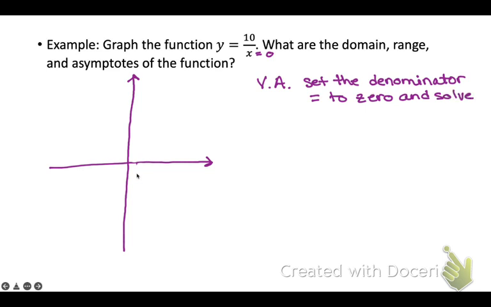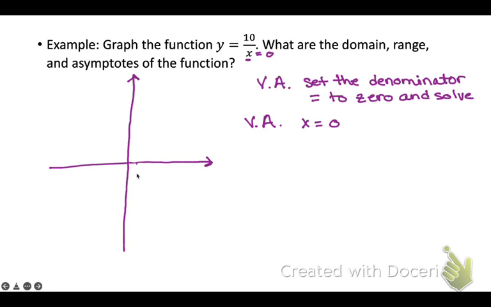Otherwise known, find the zeros of the denominator, correct? So what is my denominator? X. My denominator is x. So x equals 0. So where's my vertical asymptote? X equals 0. And you have to say x. So x equals 0 is a vertical asymptote.